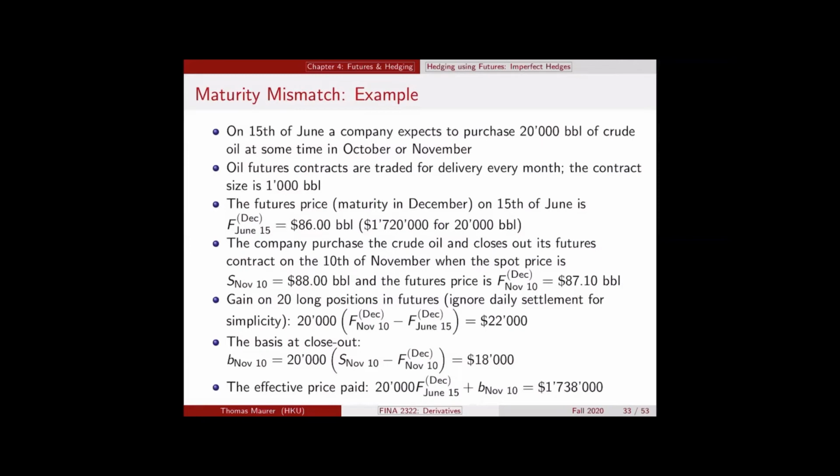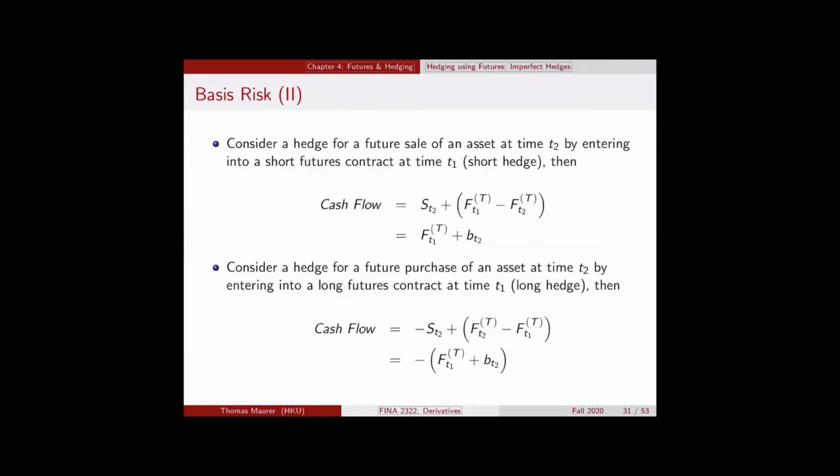Instead of looking at the cash flow by computing how much money you have to pay in the spot market and then combining this with the payoff in the long futures contract, I could also use my formula from before, where we say that the cash flow, if you want to purchase an asset, is going to be the price which you try to lock in plus the basis.